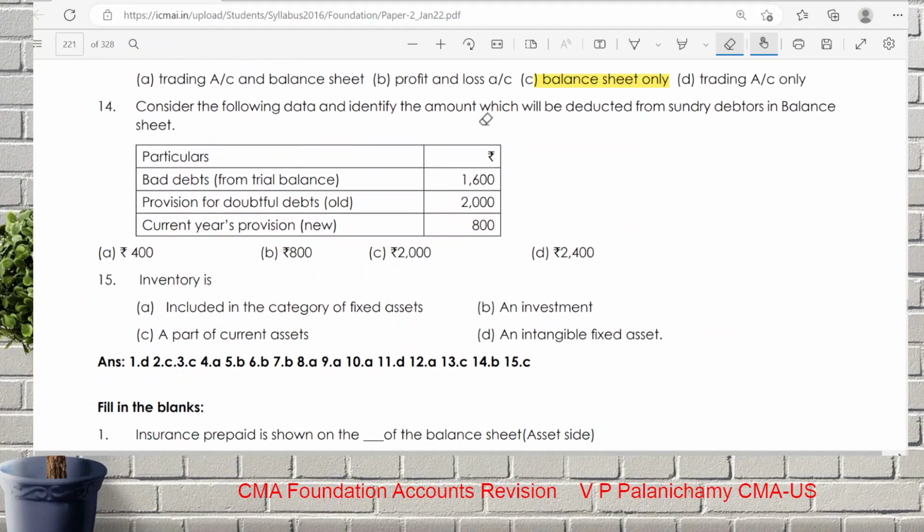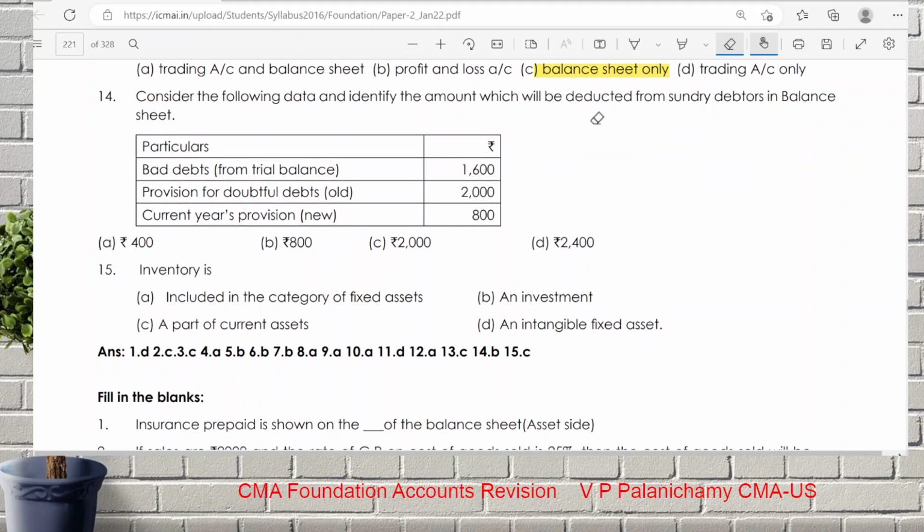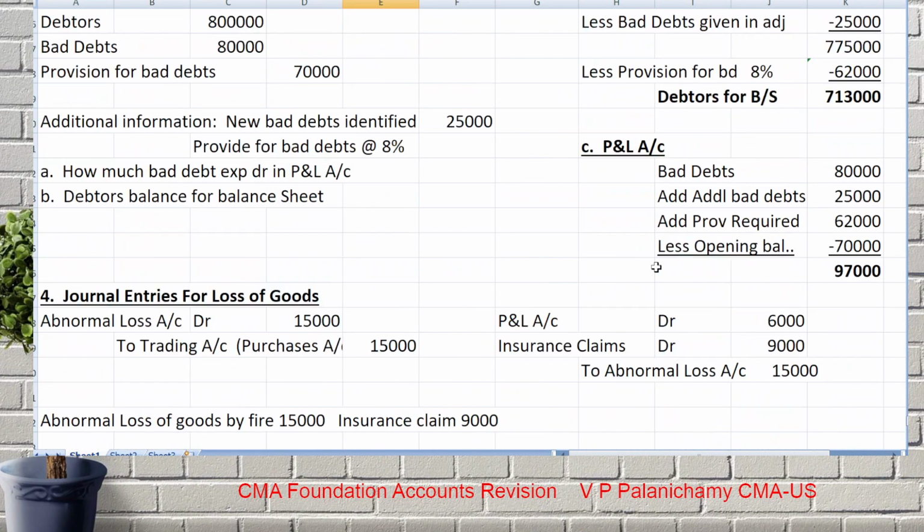Consider the following data. Identify which will be deducted from sundry debtors balance. Bad debts given in the trial balance are already deducted. Provision for doubtful debts, old, is already adjusted. Current year provision, new, is what we deduct.